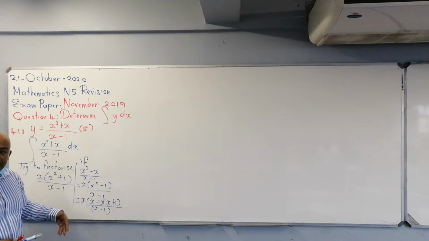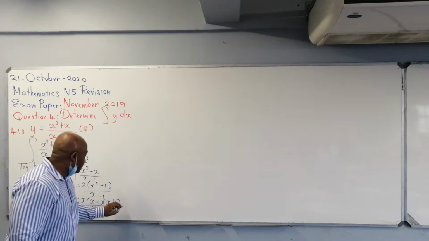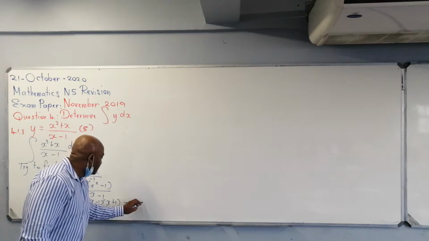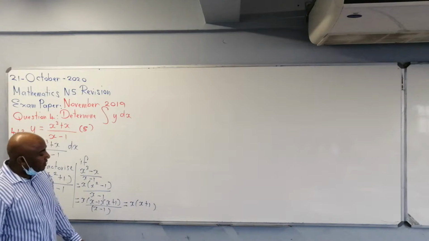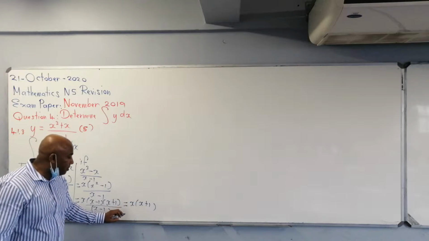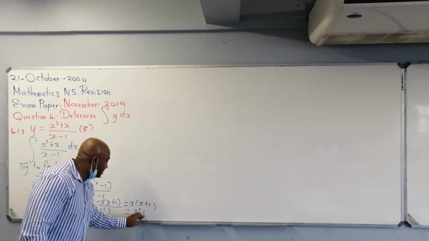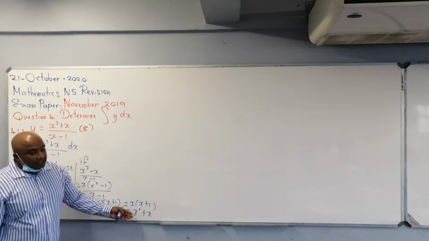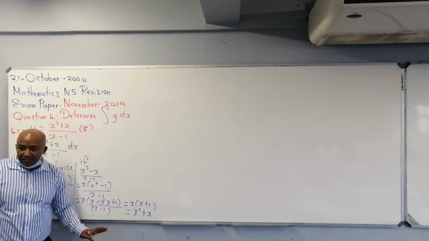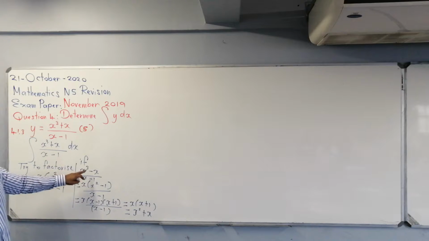And then x minus 1 and x minus 1 will cancel. So you end up with x times x plus 1. And then you can multiply it back, which is going to be x squared plus x, and then you can integrate from there. That's only if it was a negative here.